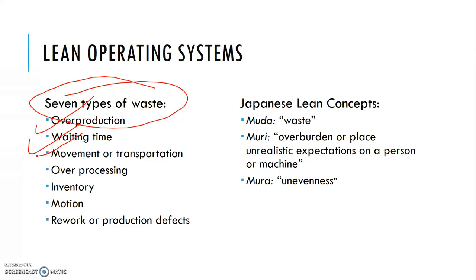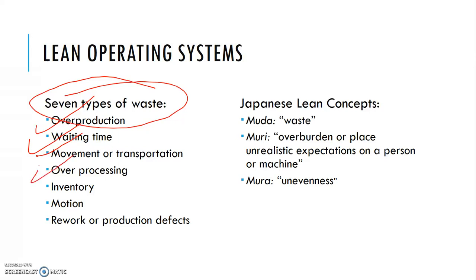If we're thinking about a restaurant as a service and also a production process, we've got raw materials or ingredients for a meal that are being moved around the kitchen. The more movement we have, the more waste we have in the system. There's obviously going to be some movement, but we want to make that movement as efficient as possible.